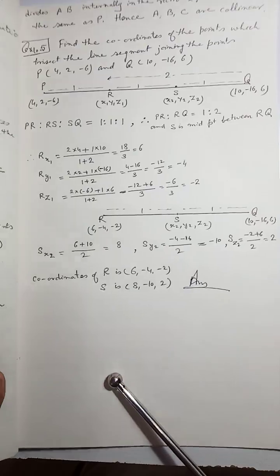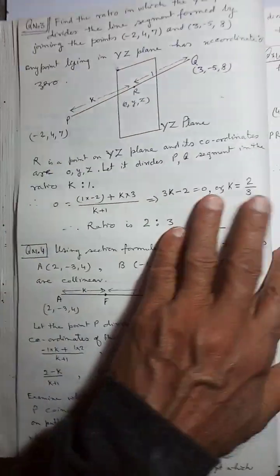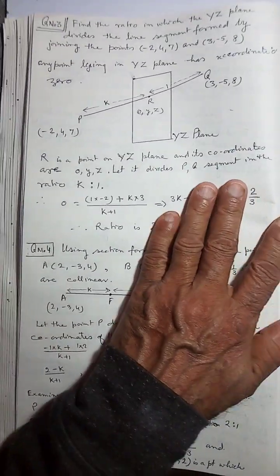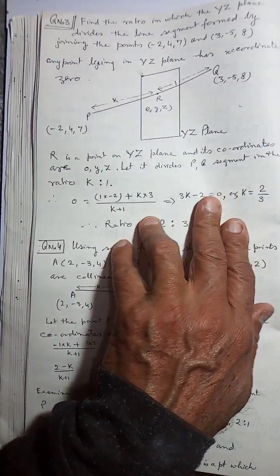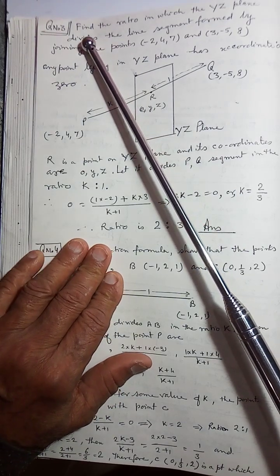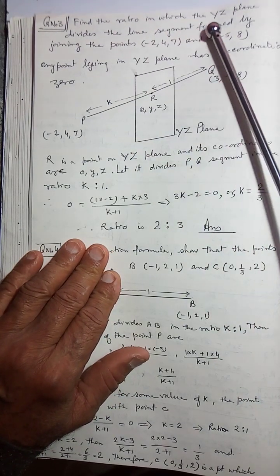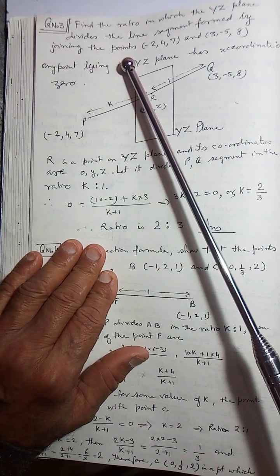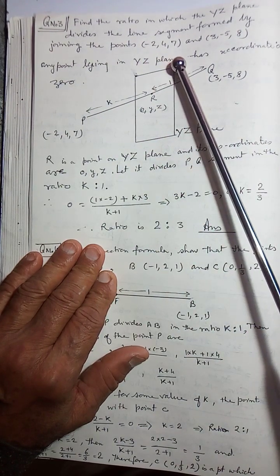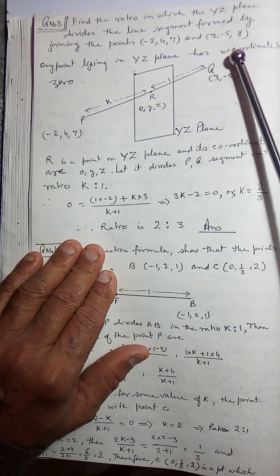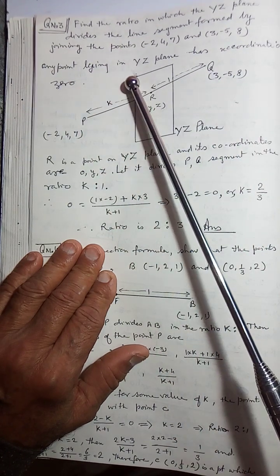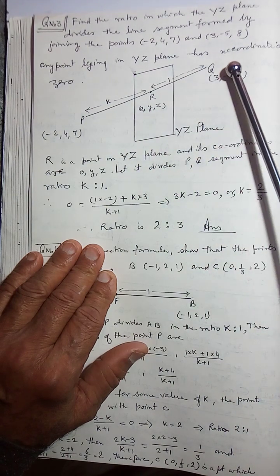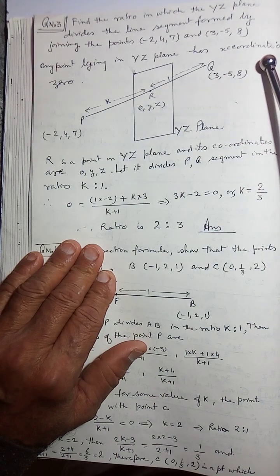Now come to question number 3. Find the ratio in which the YZ plane divides the line segment formed by joining the points (-2, 4, 7) and (3, -5, 8). Any point lying in the YZ plane has x coordinate 0.